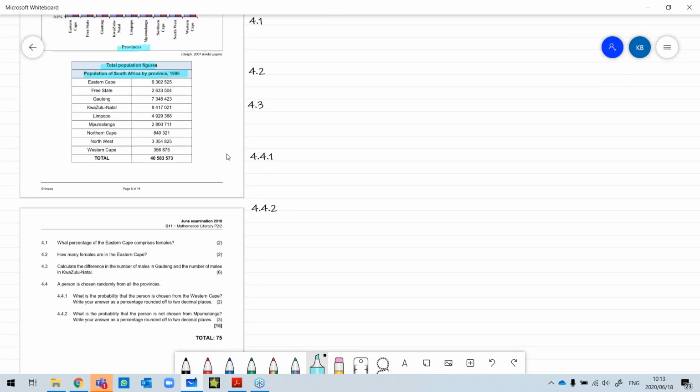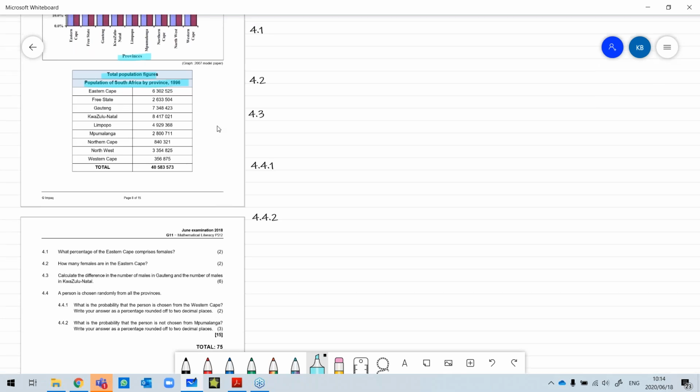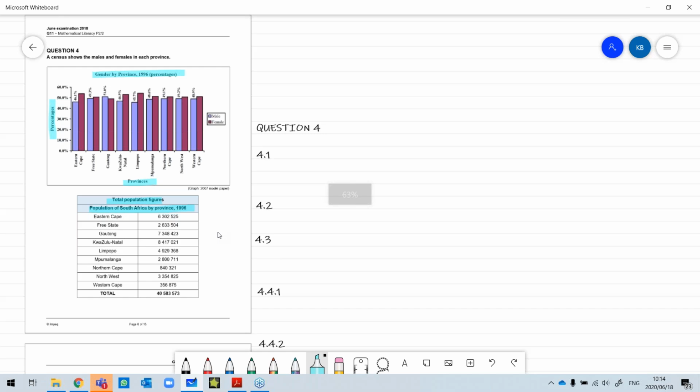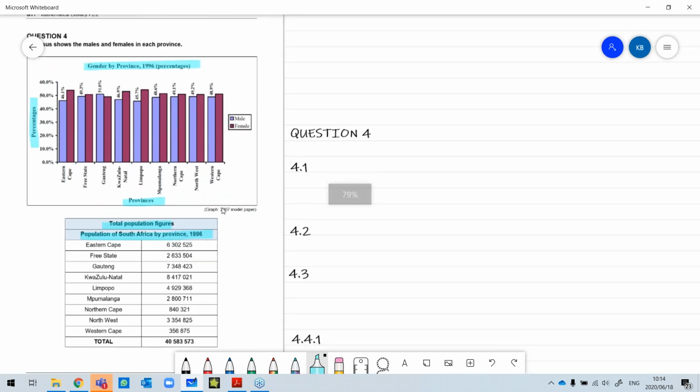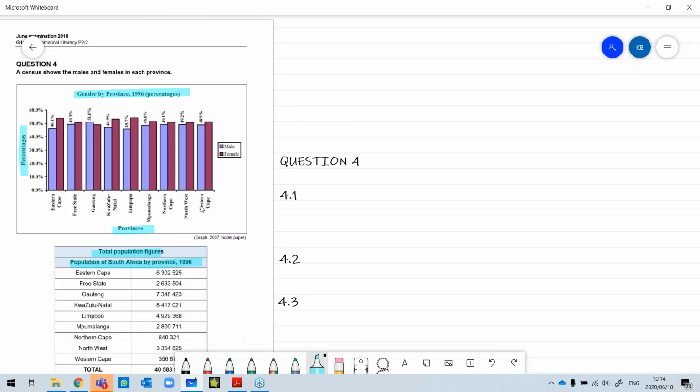Question 4.1. What percentage of the Eastern Cape comprises females? So this is one of those, it looks straightforward, but it does require some thinking. So let's have a look at our double bar graph. First of all, there are only percentages given for the males.